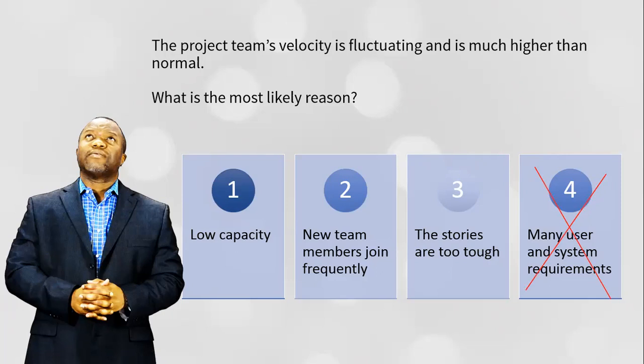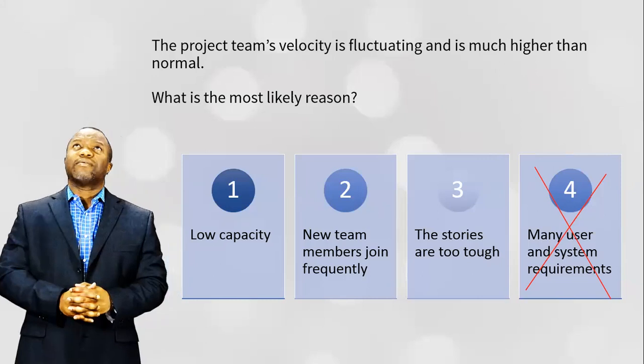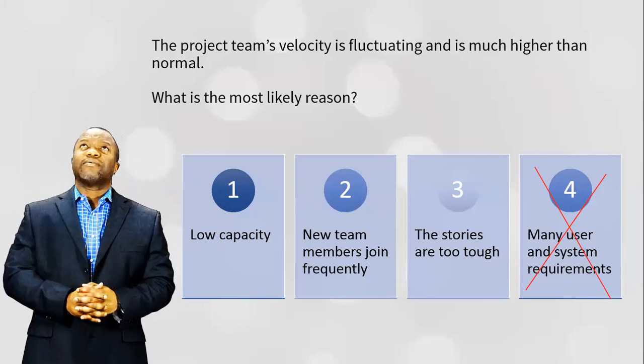So as far as this question is concerned, the best option has to do with a couple of things. When your velocity fluctuates, either you have less capacity than planned, or you have the addition of team members.